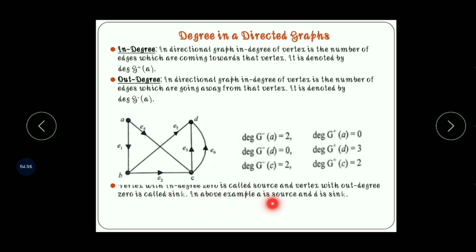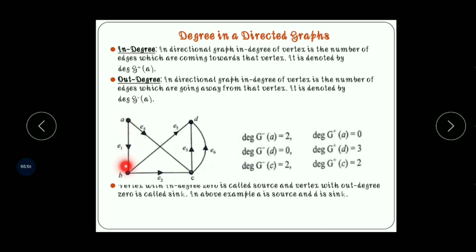In the above example, A vertex is source because everything is going out of A, and D is sink because everything is coming inside D. Source is something from which something originates. Like the sun is a source of energy and light, so rays go out of the sun.